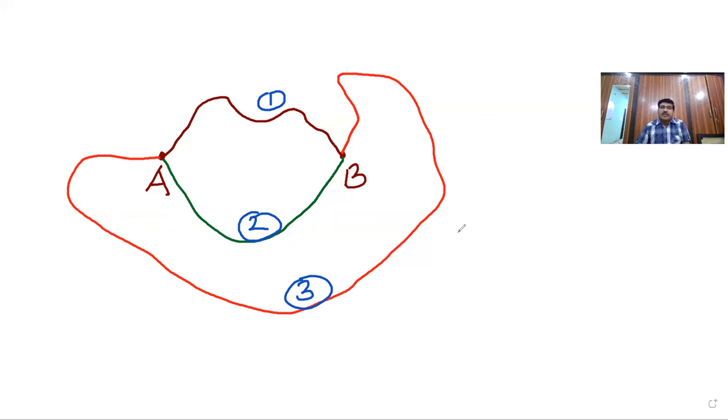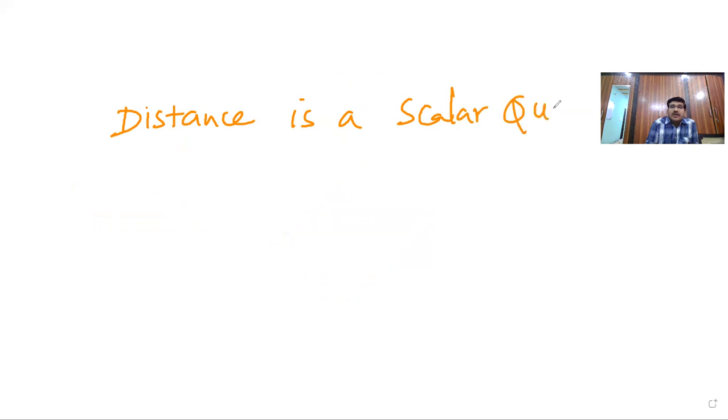Clear? Now, observe. When you are defining the distance, distance is a scalar quantity. Clear? What is the meaning of scalar quantity?